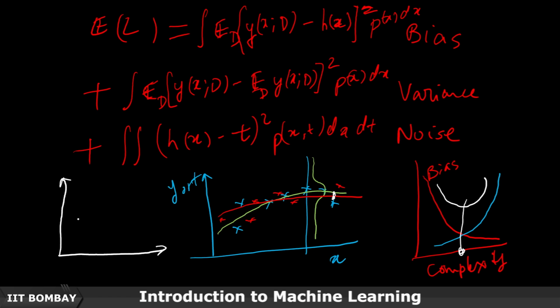So if we have a set of points, let me use two different colors here. If I have a set of points like this and another sample from the same underlying distribution like that. What I was talking about was the variance of a model, trying to understand how the bias and variance differ.